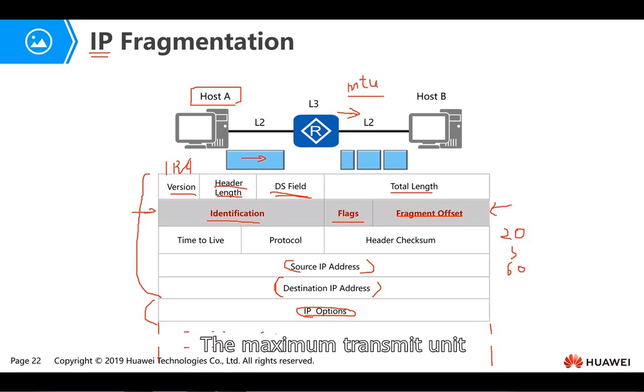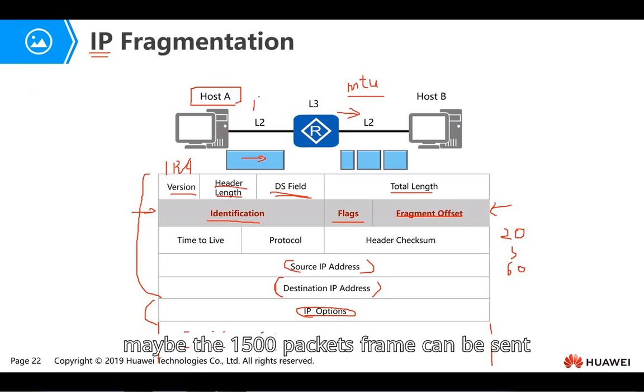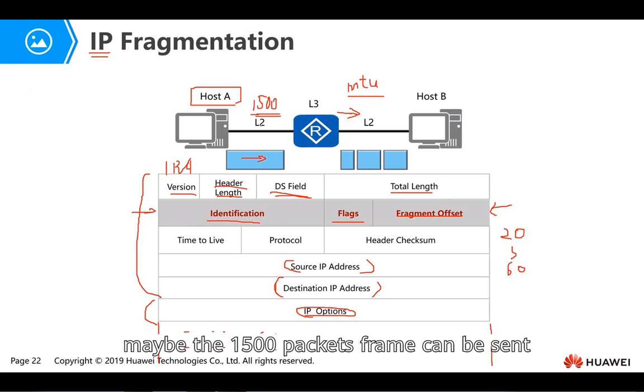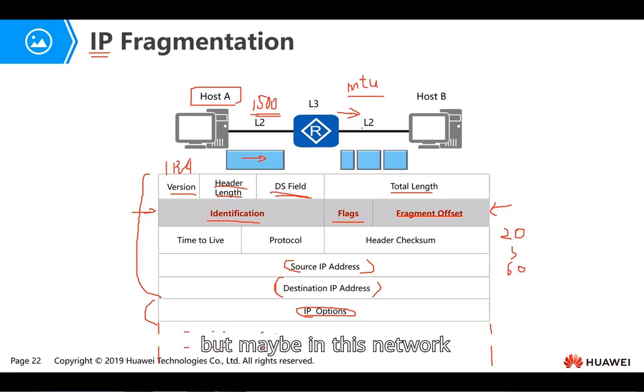the maximum transmit unit. That means how long a frame can be sent in this network. For example, in this network maybe a 1,500 frame can be sent, but in that network only a 1,000 frame can be sent.